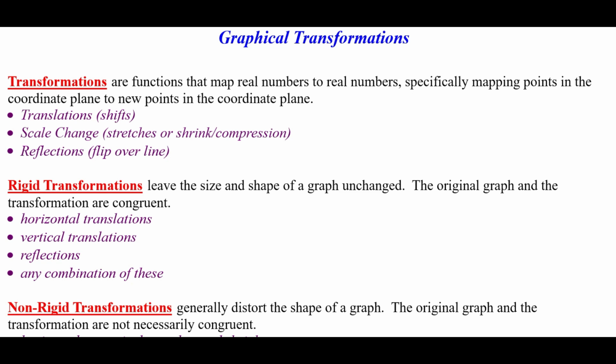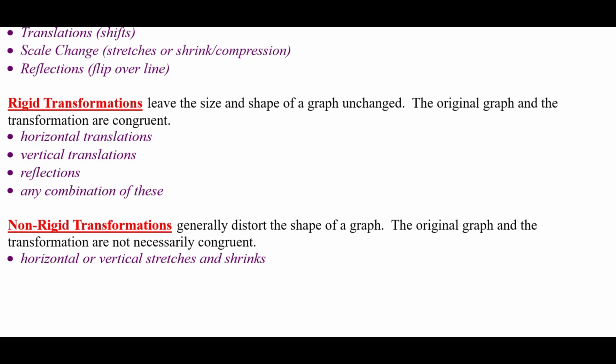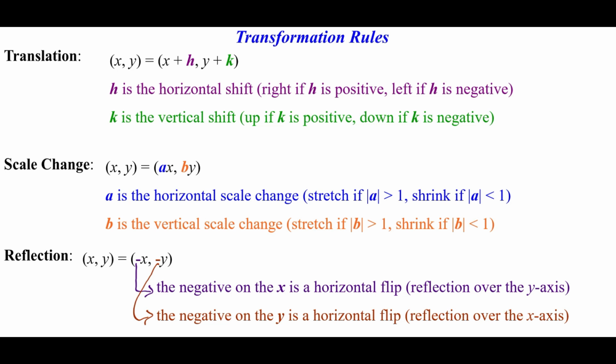A rigid transformation is where the original and the transformed equation are exactly the same size and shape, so they're congruent. Those would be translations, reflections, and any combination of those things. Non-rigid transformations are where the general shape of the graph will stay, but the size of the graph may be distorted. So it's a stretch or a shrink, or again, any combination of those two things.